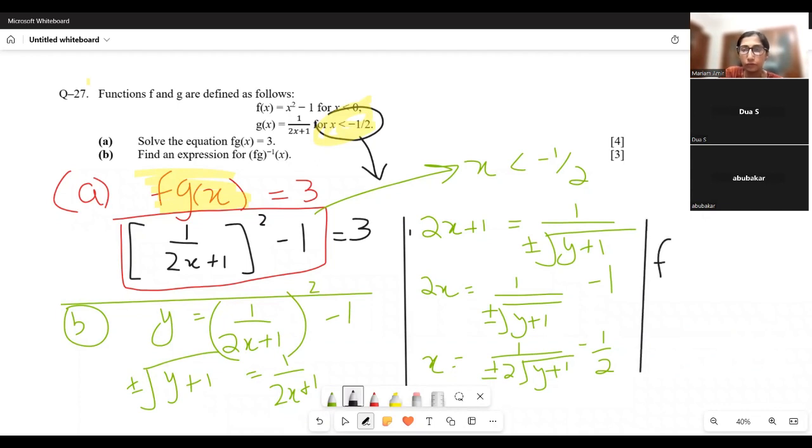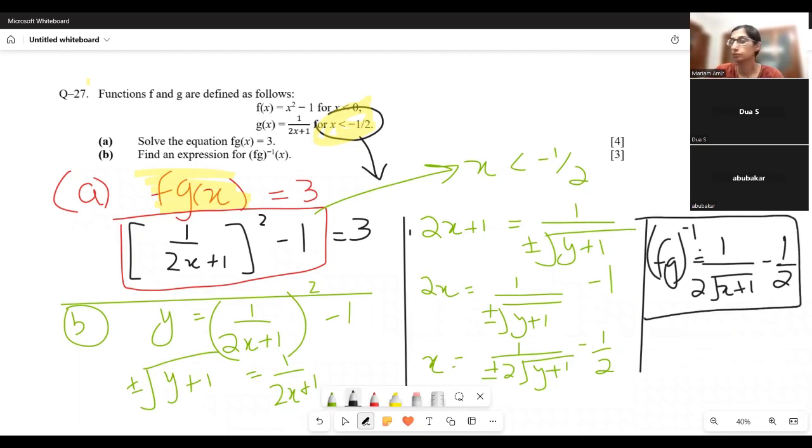So (fg) inverse would be 1 over 2 square root x plus 1, minus half. Negative sign, sorry, because of this.